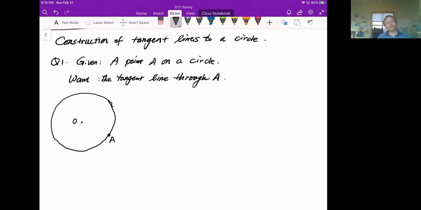So I get a point on the circle. What I want is a tangent line going through the point A. So in other words, I'm looking for that stuff here. So how could I get that one here? Everyone understand that? That's what I'm looking for. So just give everyone some time. Let's think of that.